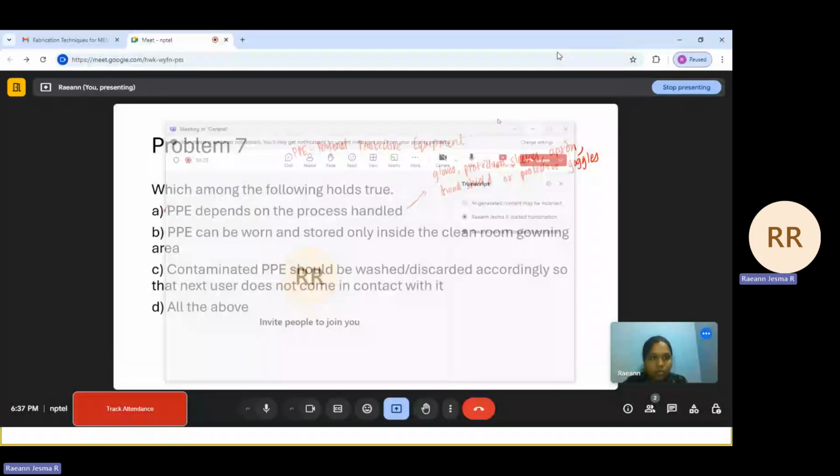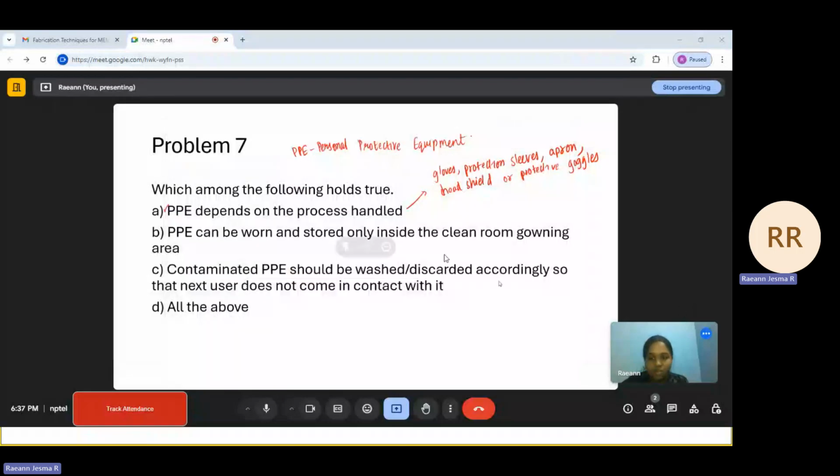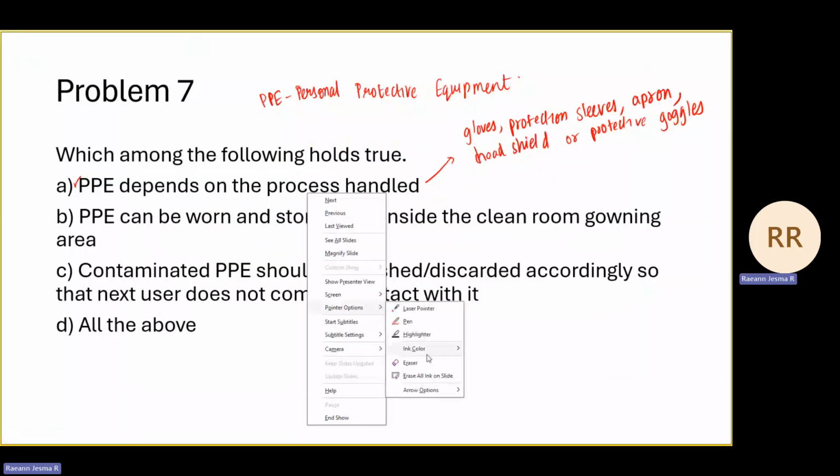And also in order to minimize the amount of particles that will come when the PPE is taken outside the clean room area, we will store and wear the PPE only inside the clean room gowning area, which will also have some particle control. So it will have a smaller number of particles.